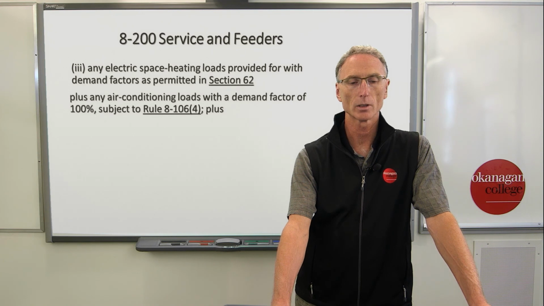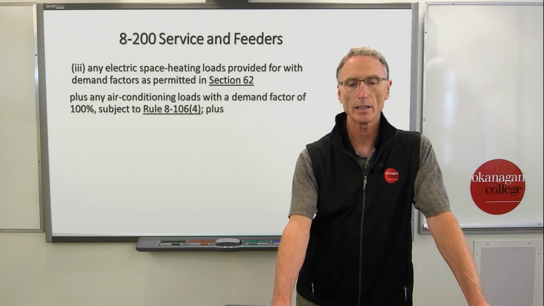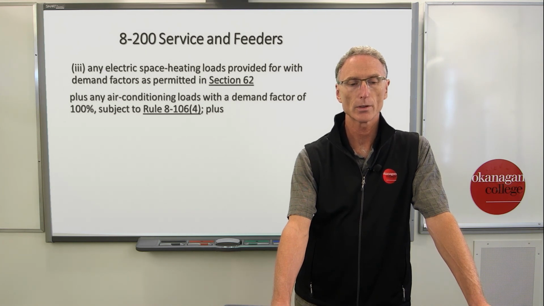Our second load that we're going to talk about here is our electric space heating and our air conditioning. So let's look at sub-rule 3, shall we? Any electric space heating loads provided with the demand factors as permitted in section 62. We're going to look at that rule here in a second, but let's just run through this rule.